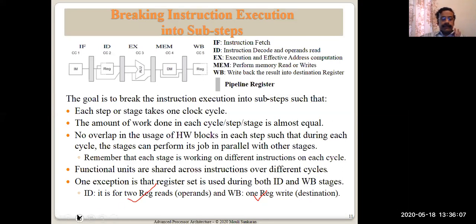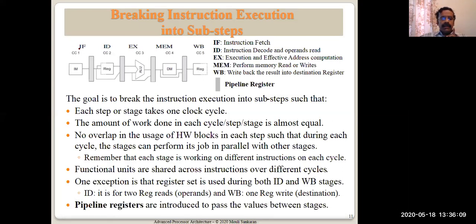Okay, fine. And then we are also going to use pipeline registers between the stages. Why? When an instruction is flowing through the pipeline, whatever instruction is fetched is to be decoded here, whatever is decoded here should be processed here, and whatever is processed here should be either written into data memory or written into a register. So it should be passed on. The instruction is flowing from one hardware block to the other, and during every cycle it is shifted out.